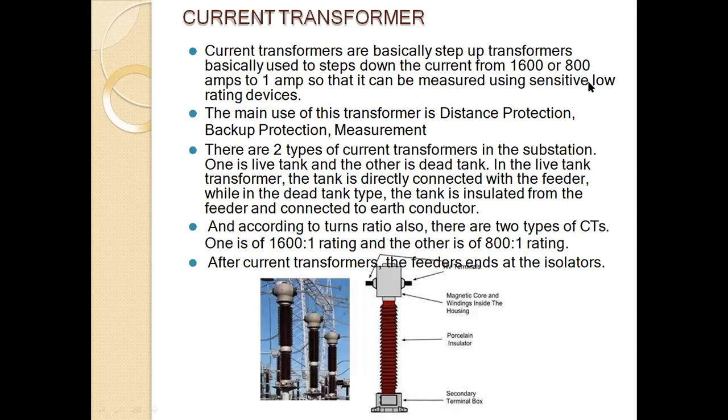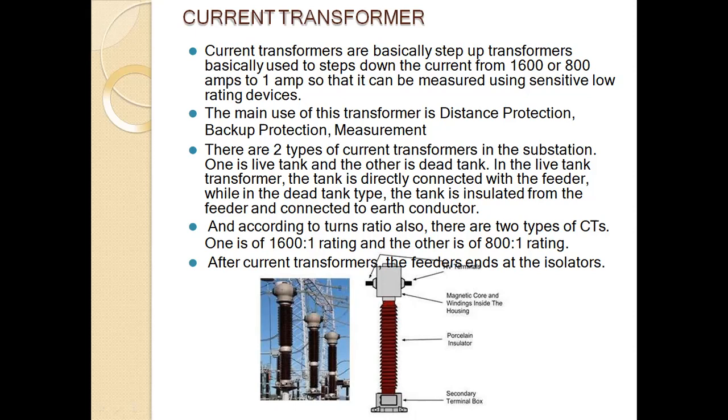Current transformer is a step down transformer basically used to step down the current from 1600 or 800 amps to 1 amp so that it can be measured using a sensitive low rating device. The main uses are transformer distance protection, backup protection, and measurements.